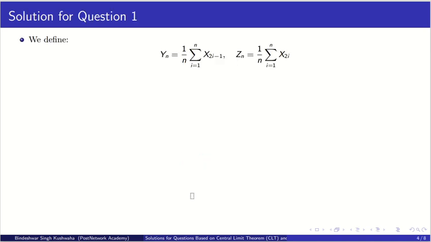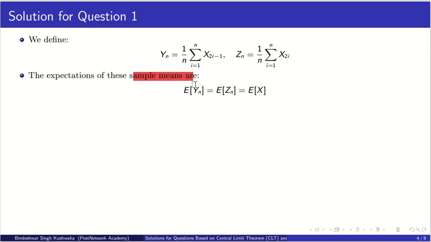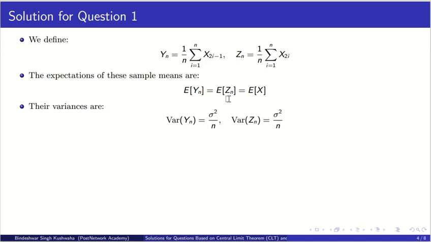So here we define yn as this expression. The main thing is that the expectations of these sample means are equal because they are from the same distribution. So what would be their variances? Sigma square upon n, and for this one also sigma square upon n, because sample variance is equal to population variance upon the number of samples.